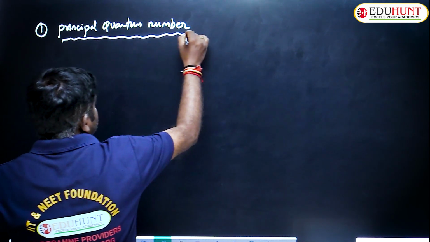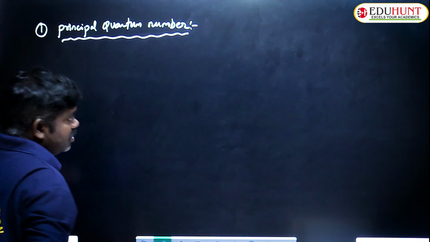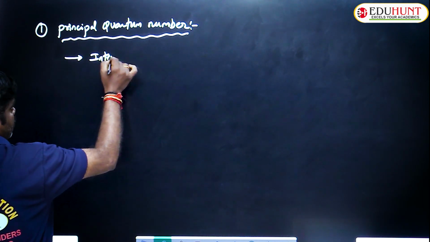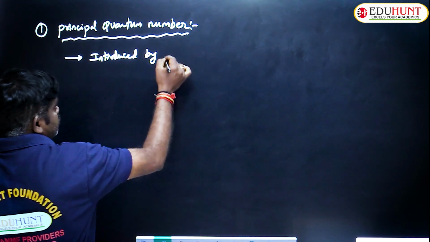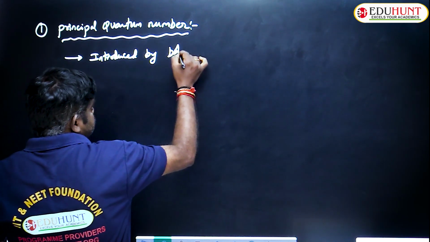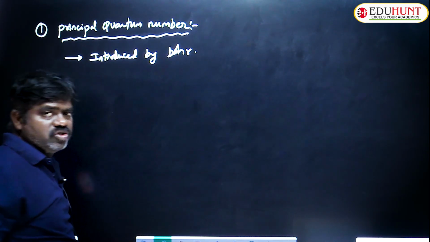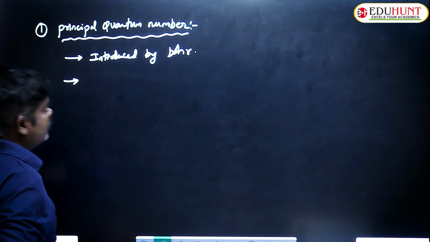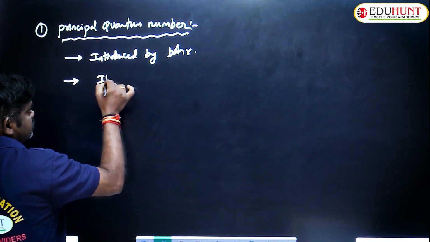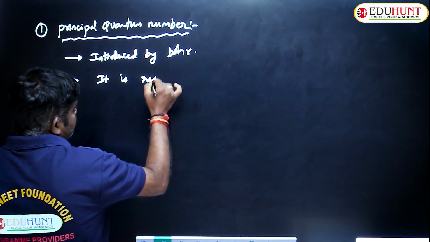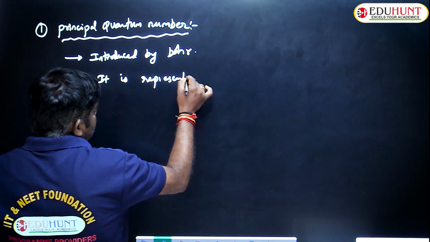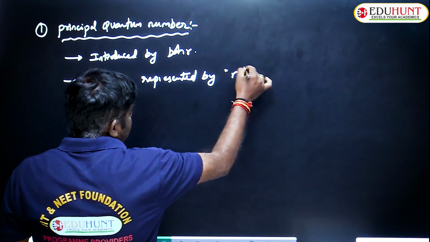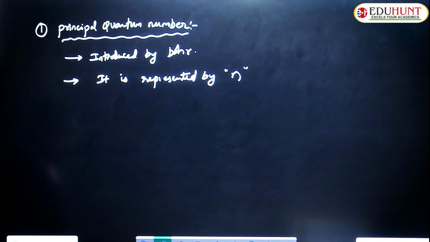The principal quantum number was introduced by Niels Bohr. It is represented by the letter n.